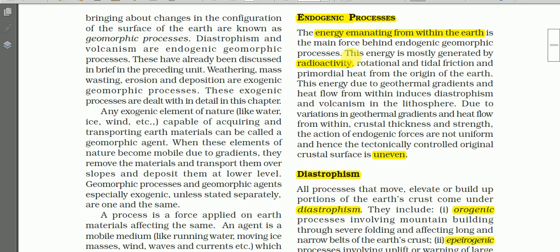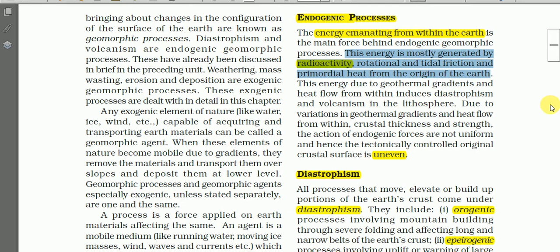This energy coming from within the earth is mostly generated by radioactivity, then rotational and tidal friction, and primordial heat from the origin of the earth.